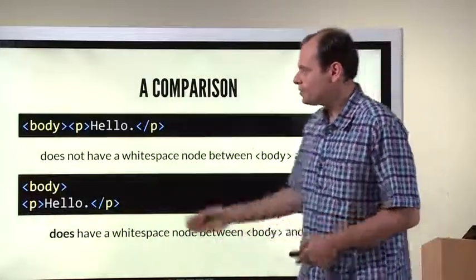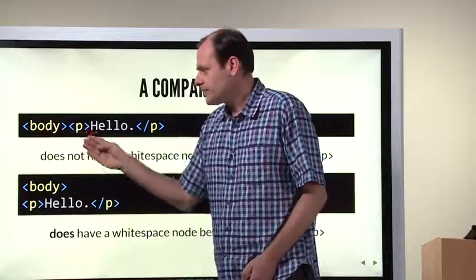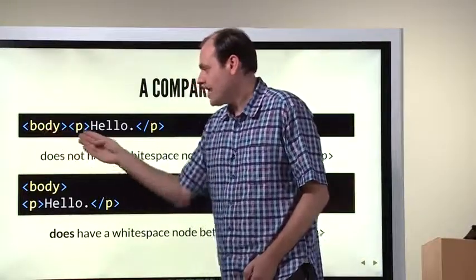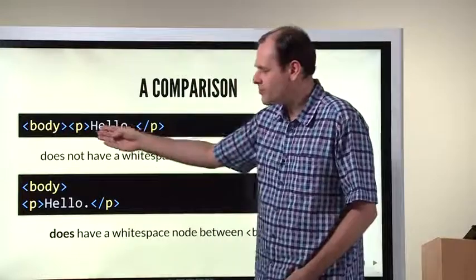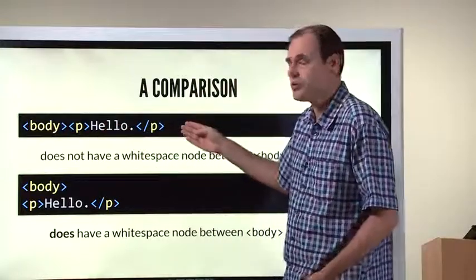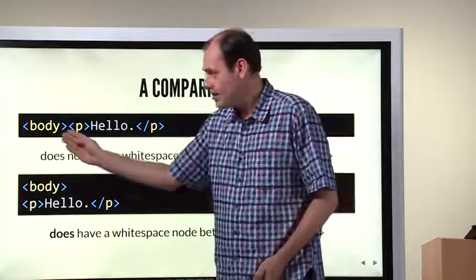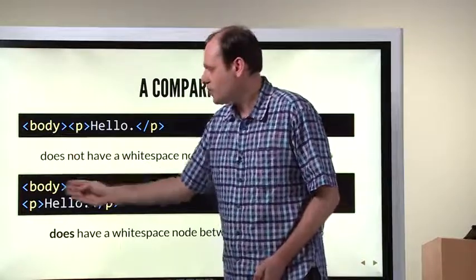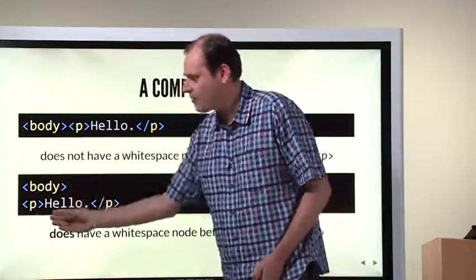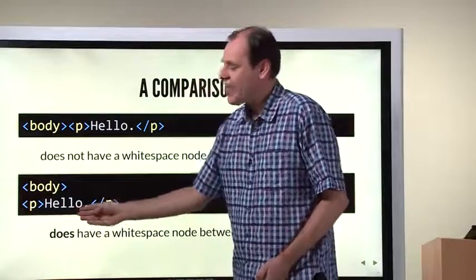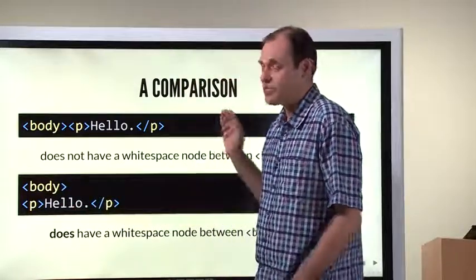So here's an example, very small. Body, this is the start of the code. Body, inside the body is a paragraph with some text, no problem at all, very simple. That does not have a white space node here, it does not. What about this one? Okay, body, and then next line, paragraph, bit of text inside it. That has a white space node, right?